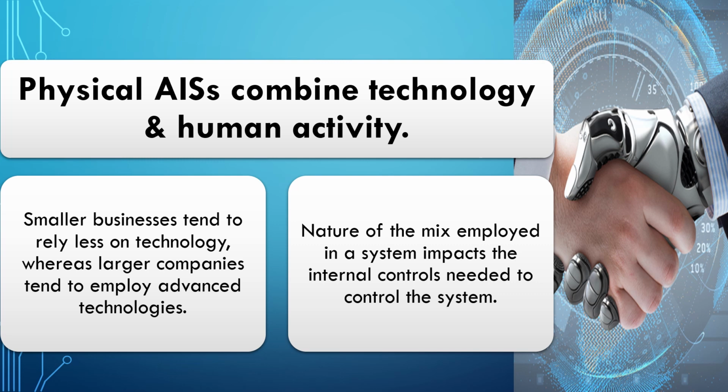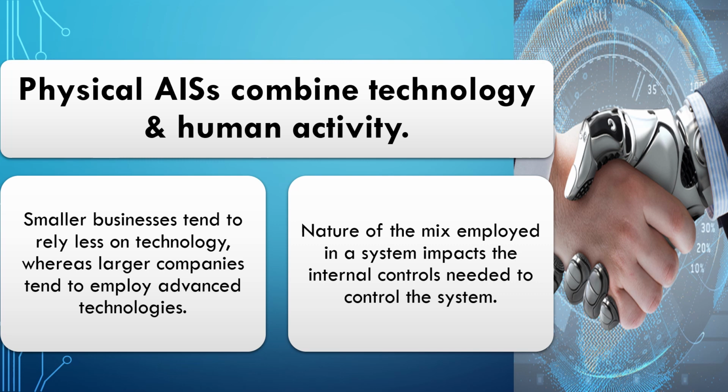The nature of the mixing employed in the system impacts the internal controls needed for the system. As we explained in the last class discussing internal control, the physical one, we also discussed IT control.